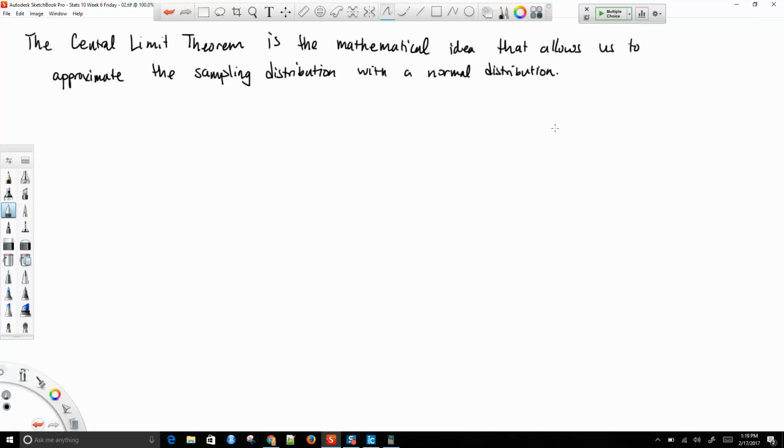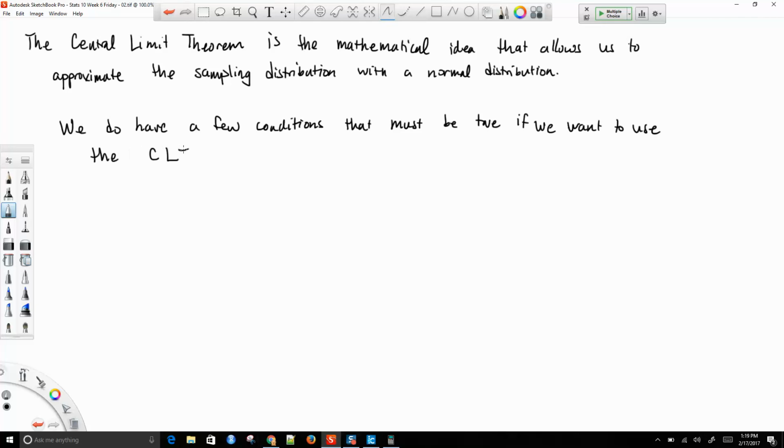In order for us to use the normal distribution and answer these questions, we have a few conditions that must be true if we want to use the central limit theorem, which I'm going to abbreviate CLT, or if we want to use the normal distribution to approximate our sampling distribution.